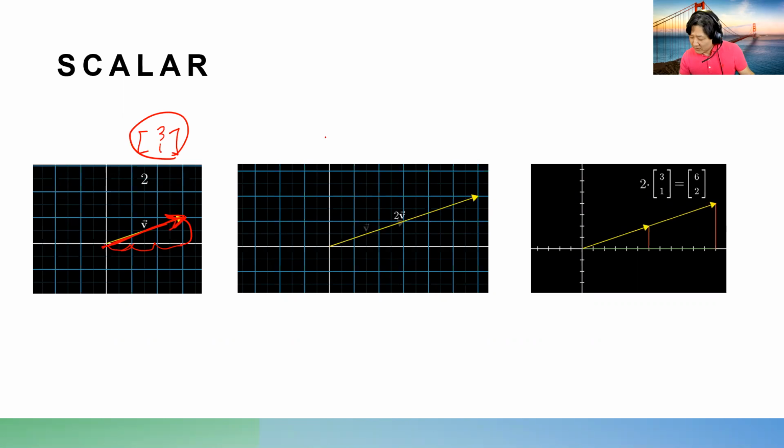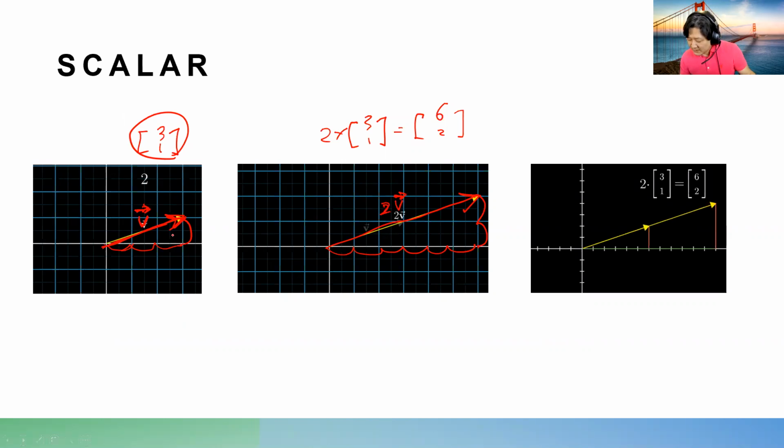And then if I multiply 2, and then now we have 6, 2 vector, right? 1, 2, 3, 4, 5, 6, and 1, 2. So this vector is V. I would say V like this. And this is 2 times V, right?